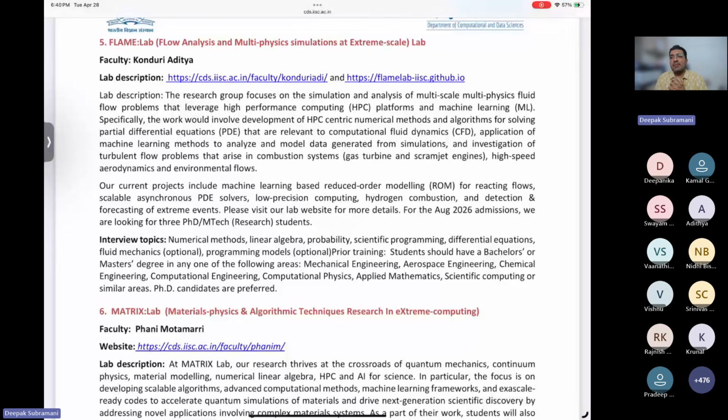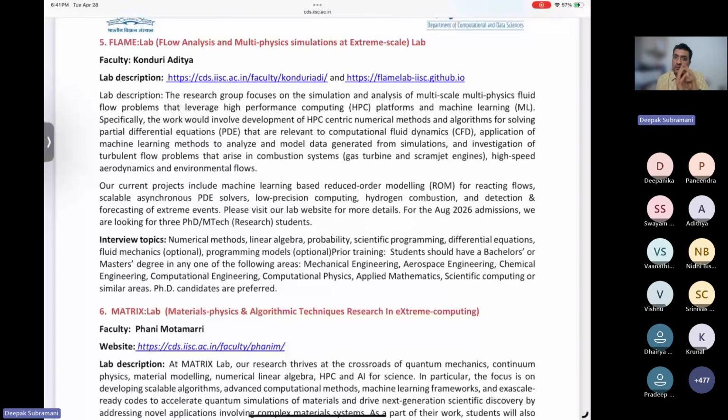But the Flame Lab works on simulation and analysis of multi-scale, multi-physics fluid flow problems that leverage HPC and machine learning. So today, most of the labs that I'm going to talk about, like the Flame Lab, the Matrix Lab, my own Quest Lab, the Tensor Computation Lab, we are all what is called a multilingual lab, in the sense that we have a core area like CFD or flow analysis, material physics, or some fluid dynamics related aspect.